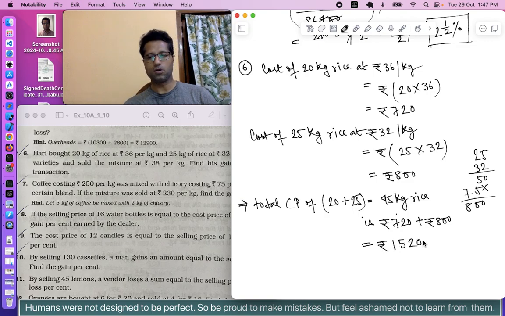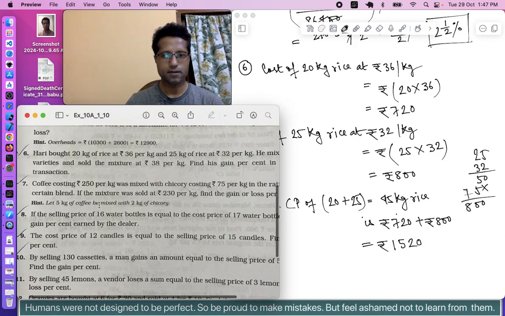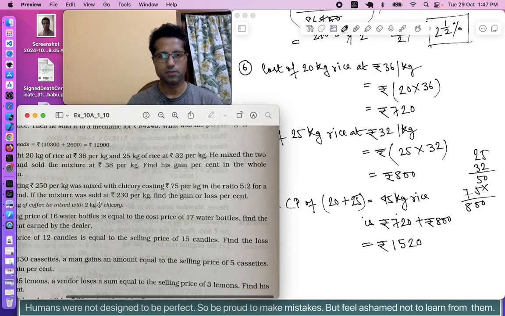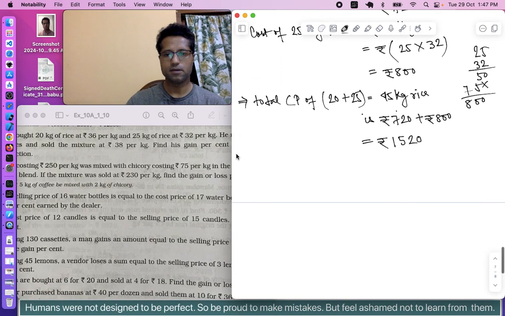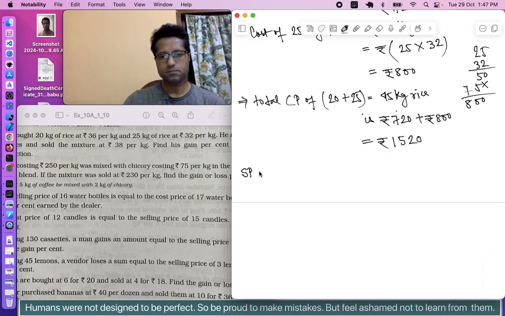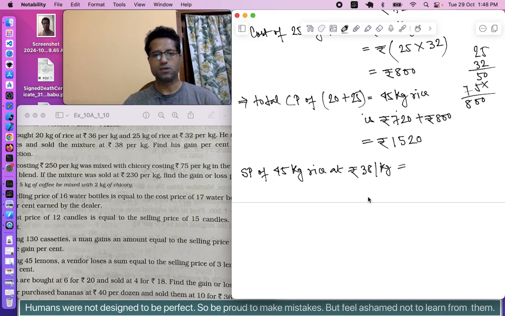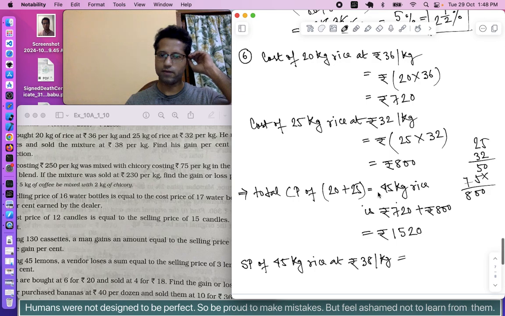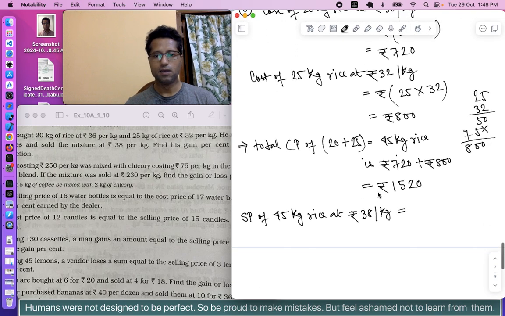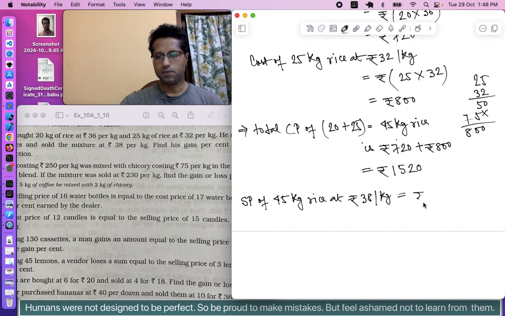So rupees 1520 is the cost of 45 kg rice, and it is given that he mixed the two varieties and sold the mixture at rupees 38 per kg, which means the selling price SP of 45 kg rice will be rupees 45 multiplied by 38.